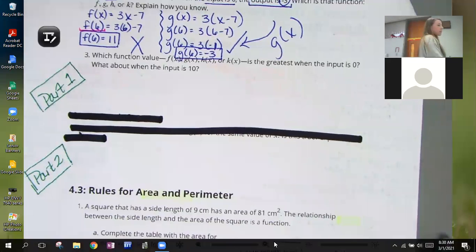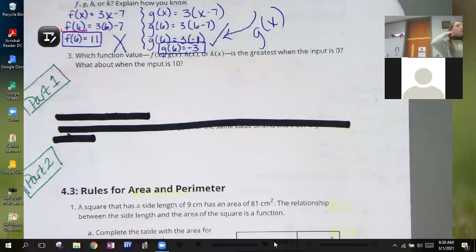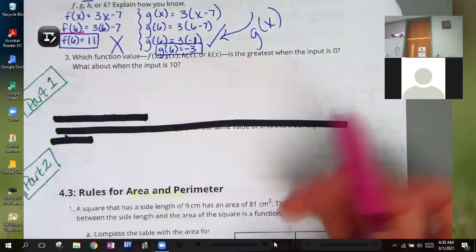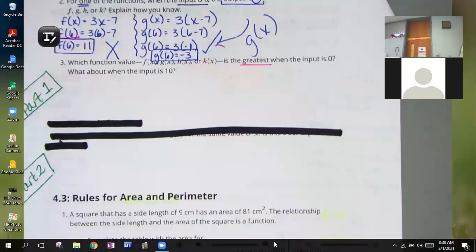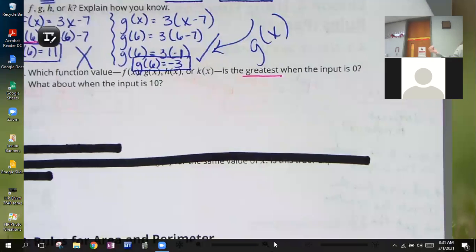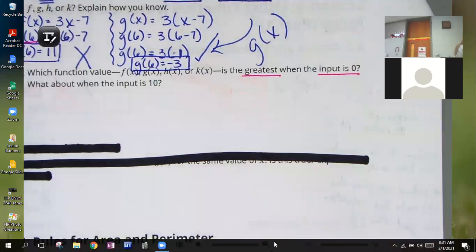All right, so let's look at it and see what they're wanting us to do here. Okay, it says which function value, f of x, g of x, h of x, or k of x, is the greatest, underline greatest. Okay, so it wants to know which one has the greatest output when the input is 0. Underline input is 0.